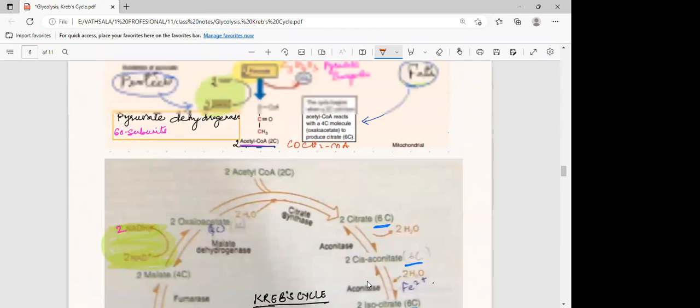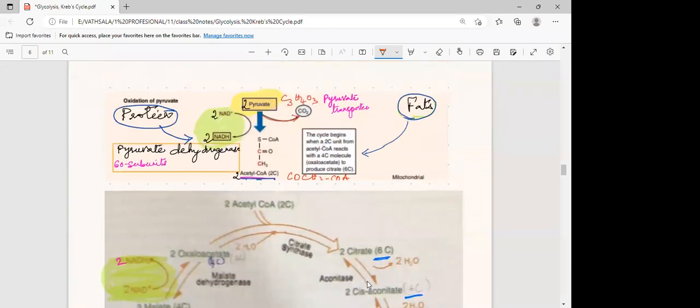Suppose there are other proteins and fats also. How do they enter? They also enter as acetyl-CoA, and this is called beta oxidation. Breakdown of fat to acetyl-CoA is called the beta oxidation process. Here is pyruvate dehydrogenase, 60 subunits.